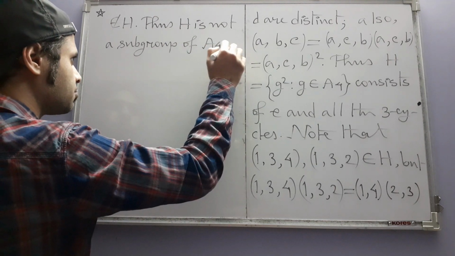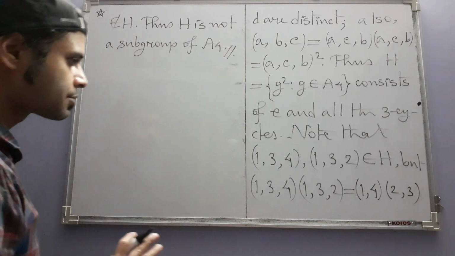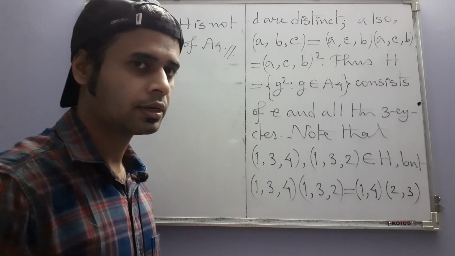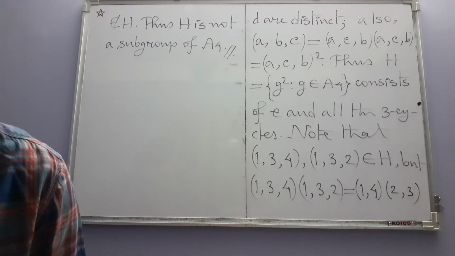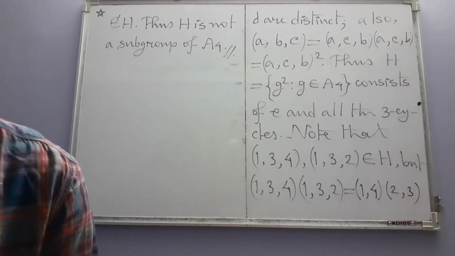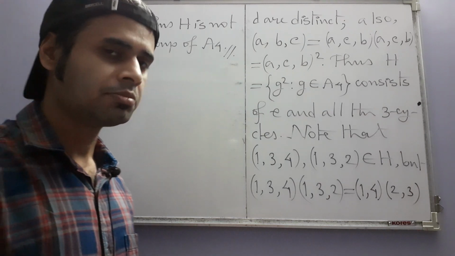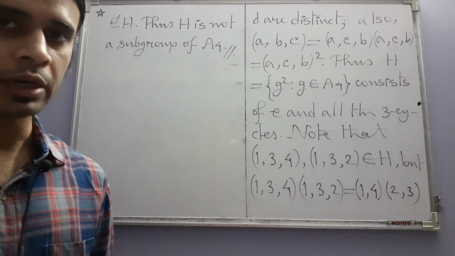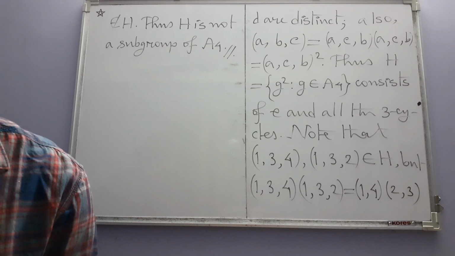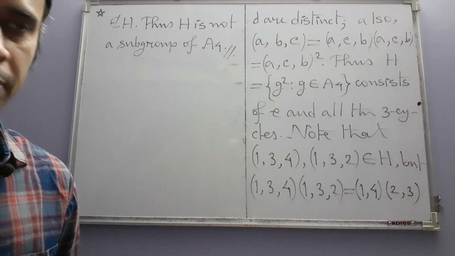So that means what is asked in the question, in the exercise, that in general is not true. In this group it is not true, in some other group maybe it is true, we don't really know, it depends on the group. And this is where let's end things.